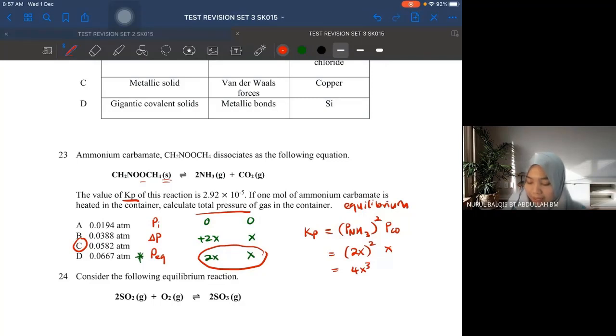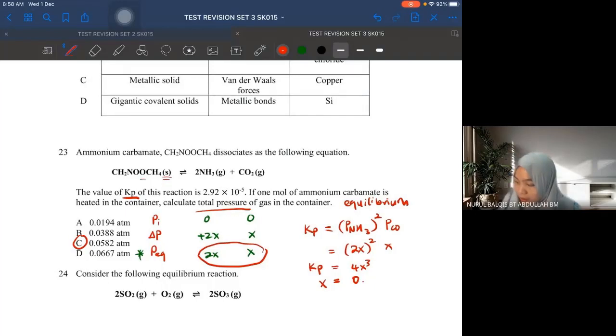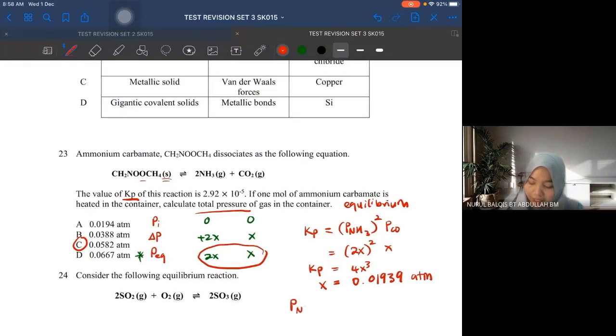So kita dapatkan awak punya x value. Dapat x value, dah dapat ke total pressure? Belum. Awak kena darabkanlah masuk. Dapatkan x, your x will be 0.01939. So dalam kes ni atm lah. Lepas tu awak carilah pressure untuk NH3.